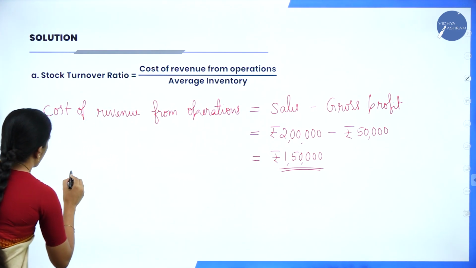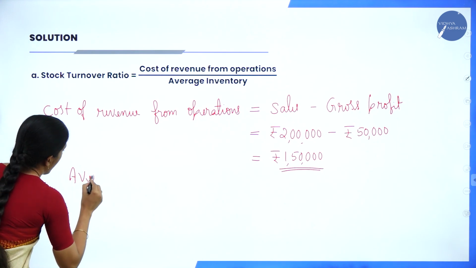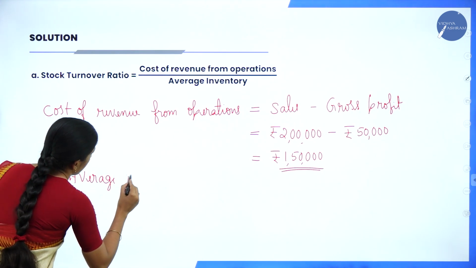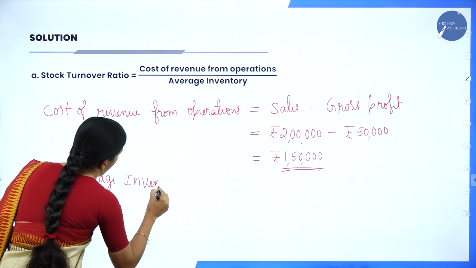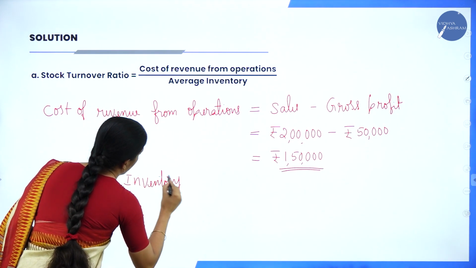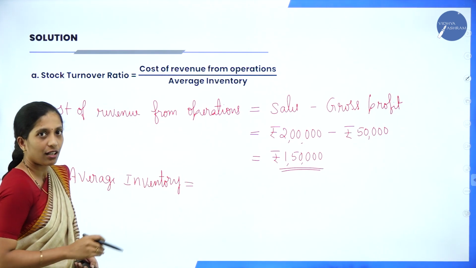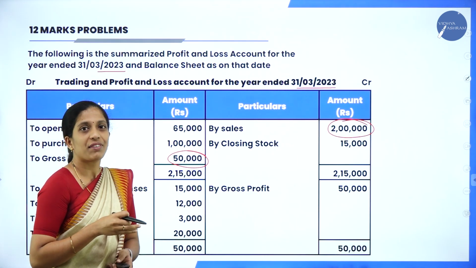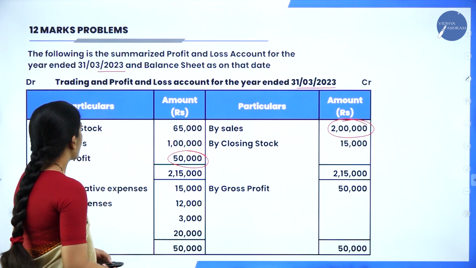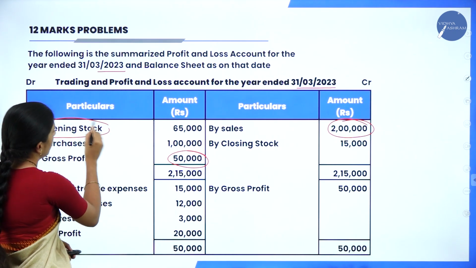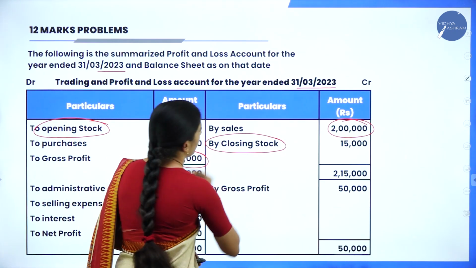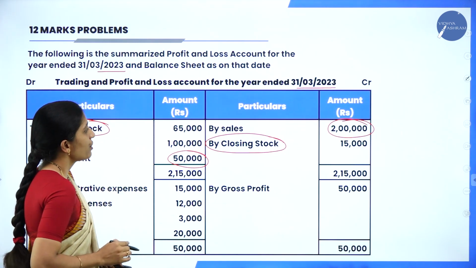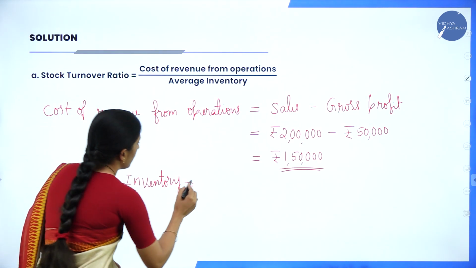Now we have to find out the average inventory. So average inventory is equal to, now using the information what they have given, your formula is opening inventory, that means stock. So how to find out? Opening stock plus closing stock divided by 2. Okay, so let us calculate.